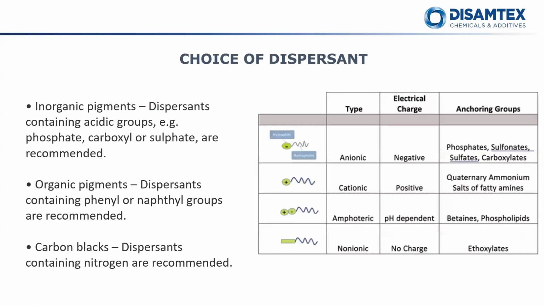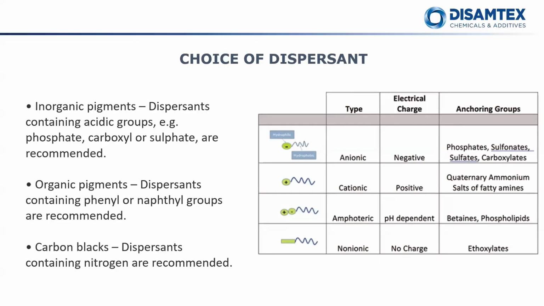So check how dispersant selection depends on pigment chemistry. Inorganic pigments interact best with dispersants containing acidic anchoring groups such as phosphates, sulfates, carboxylates.